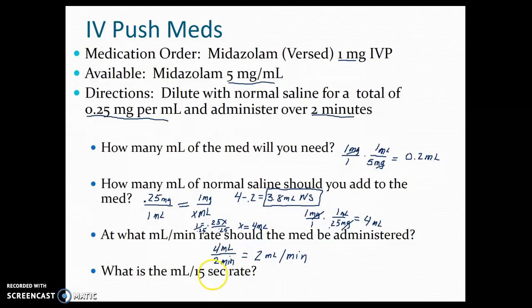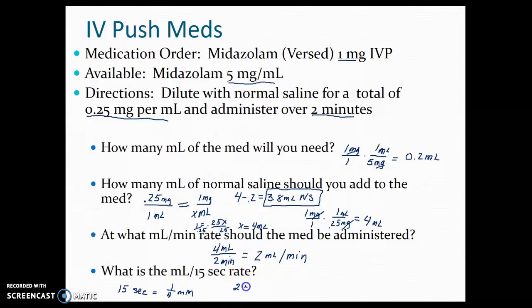Last thing that I'm asked is about a 15-second rate. And I know that 15 seconds is the same as 1/4 minute. So I literally am going to take my answer from the previous question and divide it by 4 to get 1/4 of a minute.